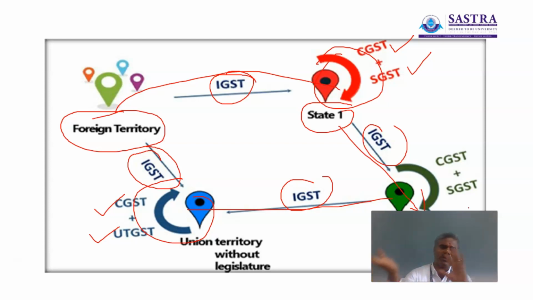From one state to a union territory, IGST. Foreign to union territory, IGST. You import goods from London, but you are in Pondicherry. Here you have to collect IGST. Or when you export goods, IGST.